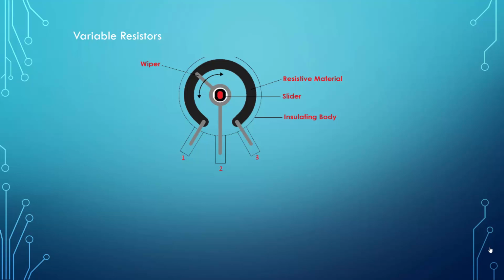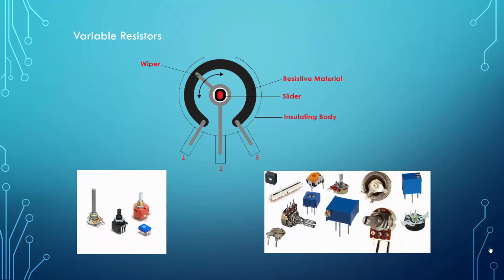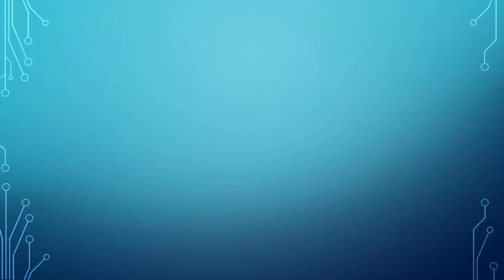Also, electronically controlled variable resistors exist, which can be controlled electronically instead of by mechanical action. These resistors are called digital potentiometers. Also, there are other types of variable resistors whose value changes with environmental parameters like light, temperature, and voltage.